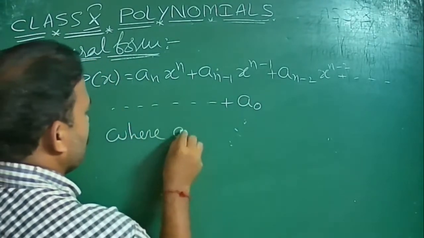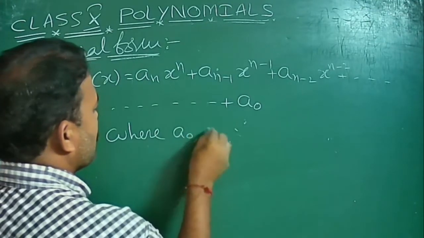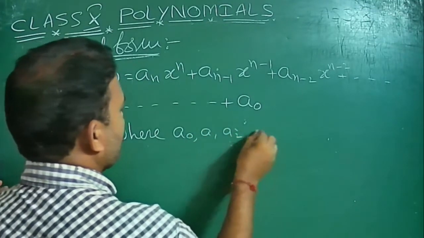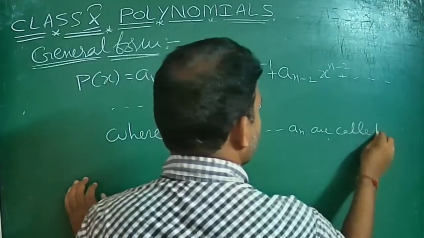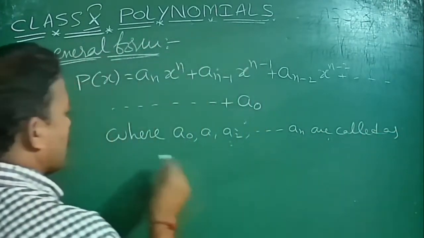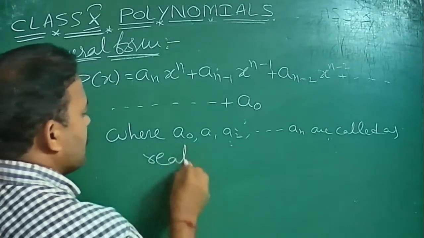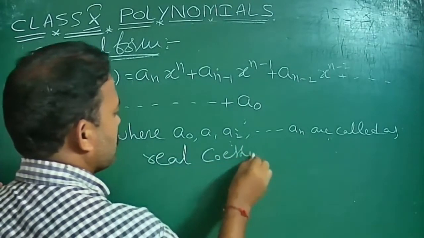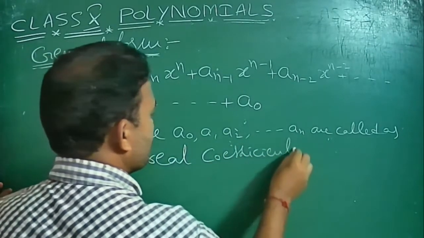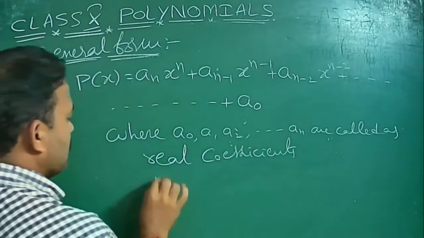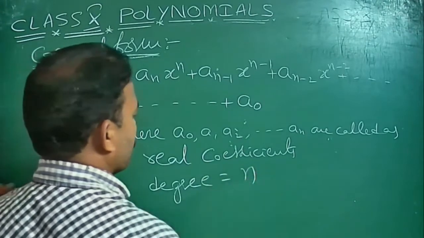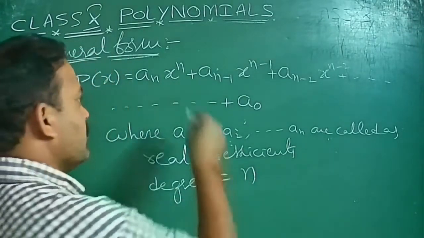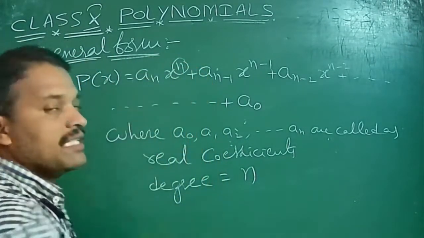Here a naught, a1, a2 and so on up to an are called real coefficients, and the degree is n. It is an nth degree polynomial. Why? Because the highest power is n.